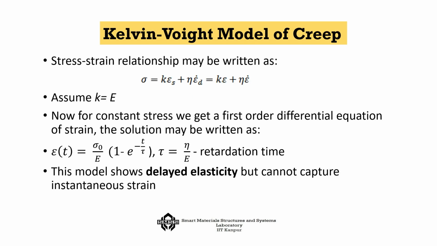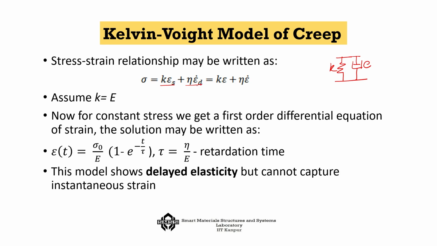Now, the stress strain relationship of a Kelvin-Voigt model of creep. That is something where the creep can be considered with respect to a spring and a damper in parallel. So, that is the Kelvin-Voigt model, and here the stress is proportional to the strain plus the strain rate.